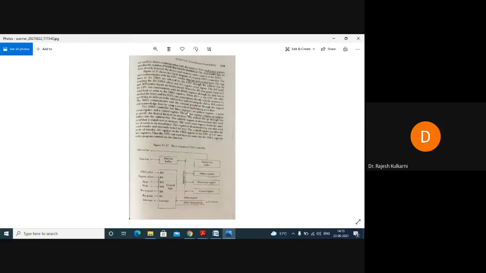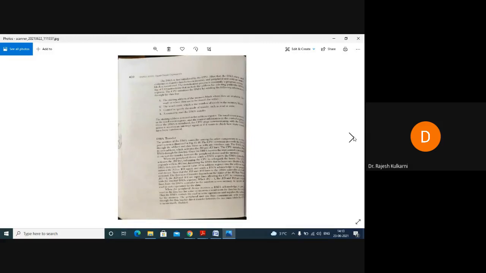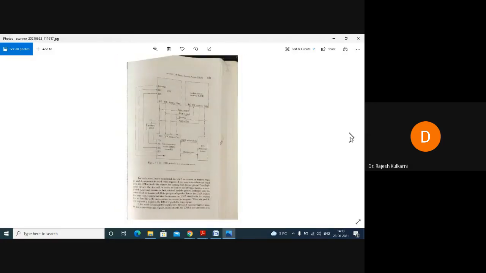As you remember from yesterday's discussion, we also mentioned how the DMA controller transfers the data, in the form of burst or in the form of cycle stealing, those two techniques. This was the visual we used to understand how DMA transfer occurs.